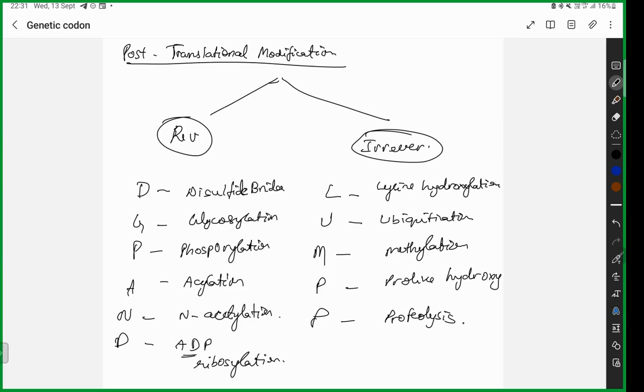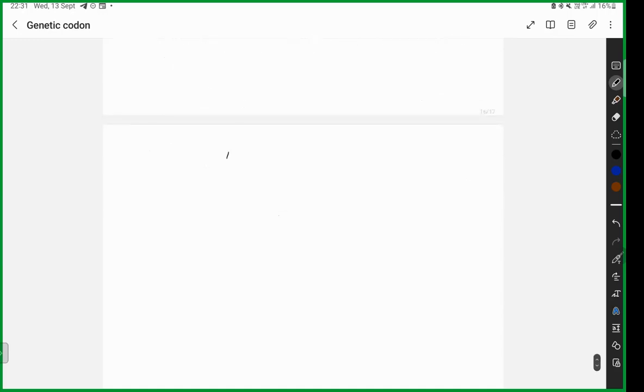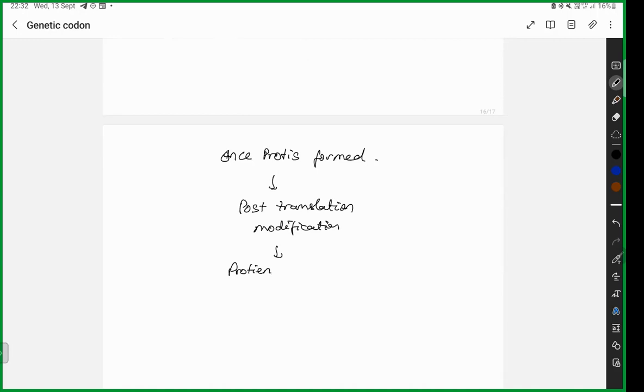Once a protein is formed by post-translational modification, your protein is going to undergo folding. Once your protein is formed, it undergoes post-translational modification, and it is going to undergo folding.